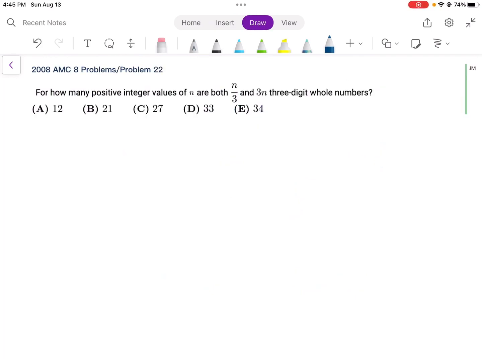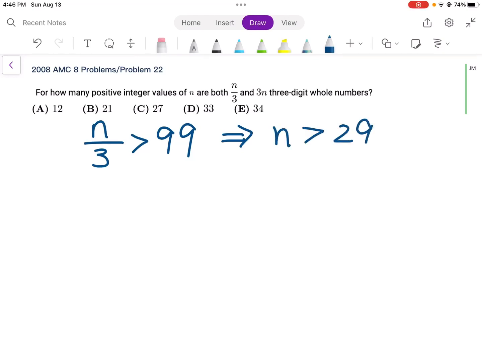Problem 22. Because n is a positive integer, n divided by 3 is a 3-digit whole number, and 3n is also a 3-digit whole number. That means n divided by 3 is larger than 99, from which we get n is larger than 297.